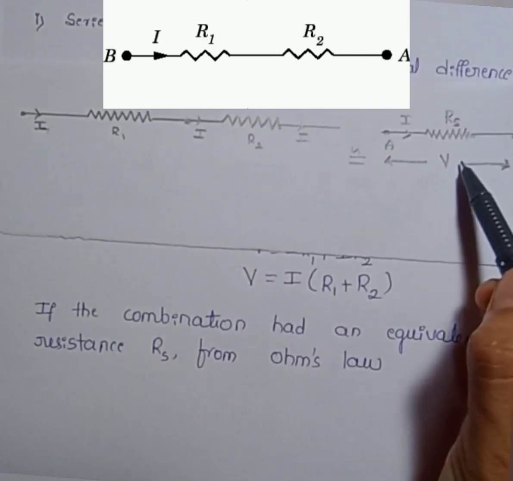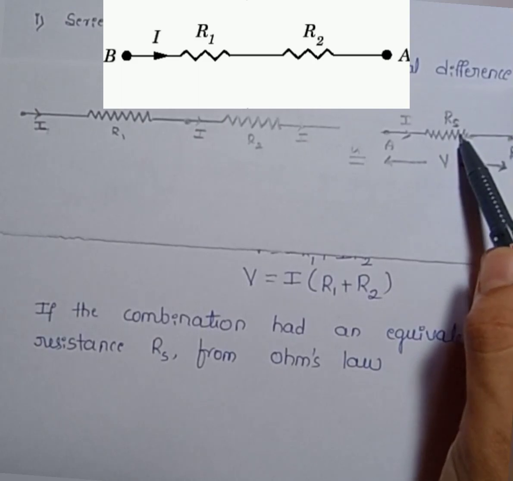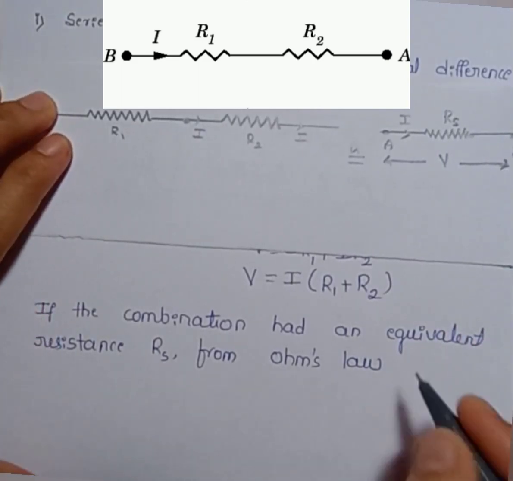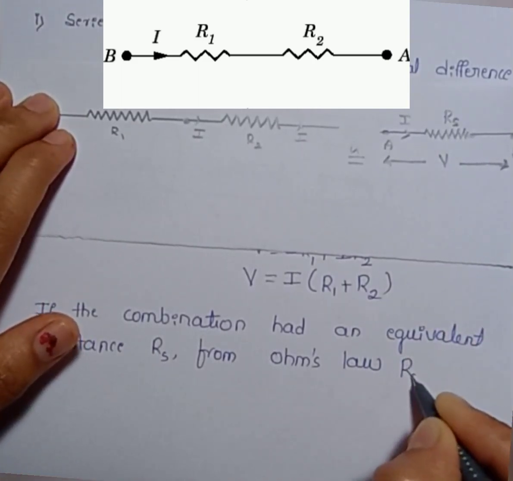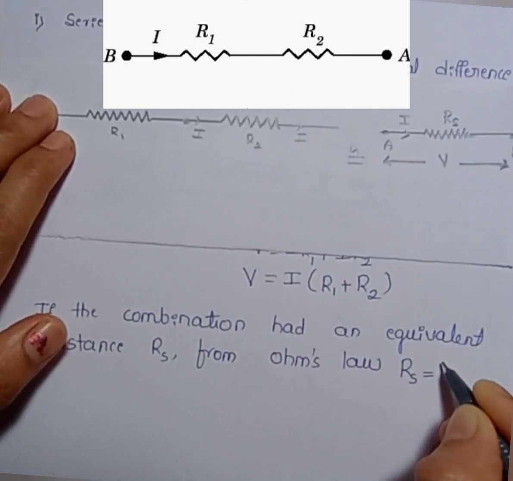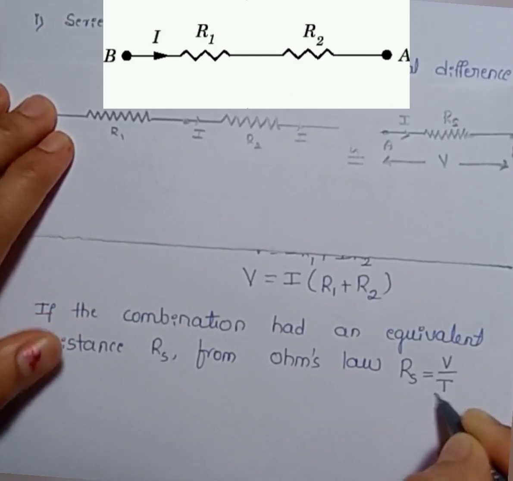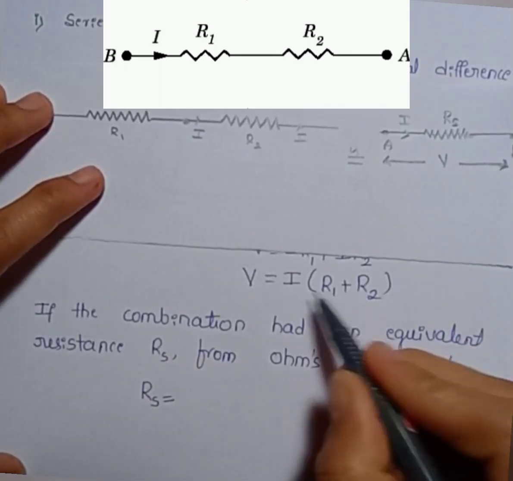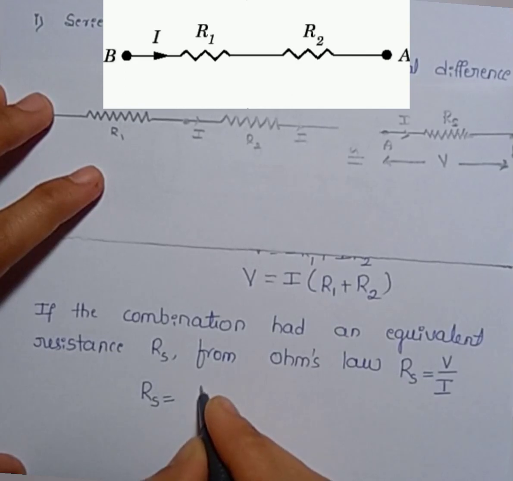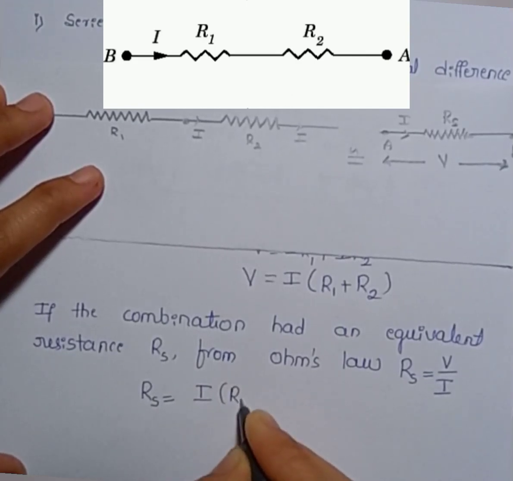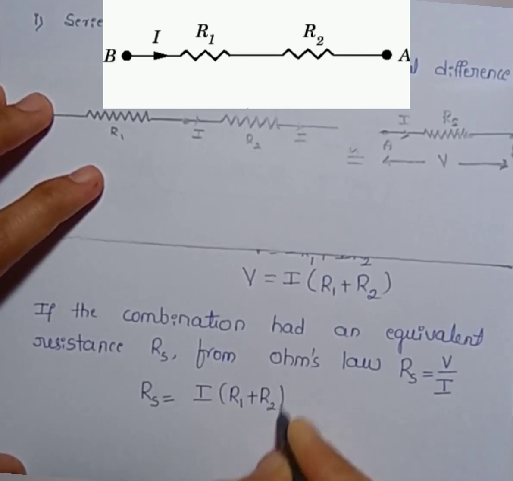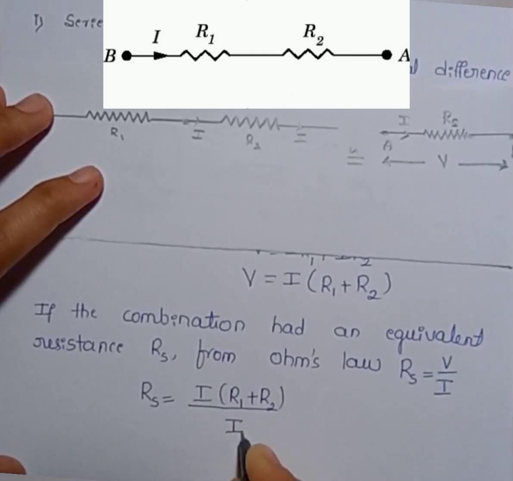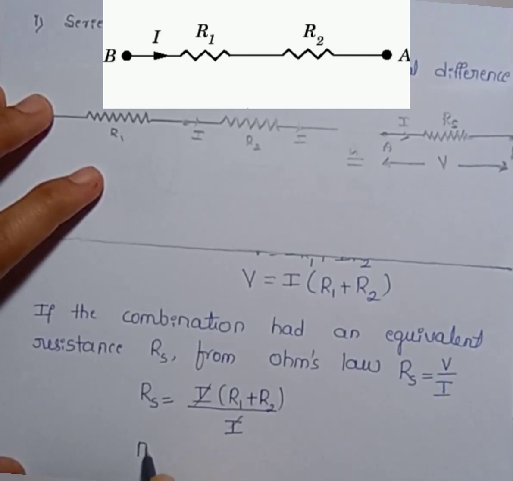If the combination had an equivalent resistance Rs, then from Ohm's law, Rs is equal to V divided by I. Then the value of Rs equals I into R1 plus R2, all divided by I. Here I cancels, which gives Rs equal to R1 plus R2.